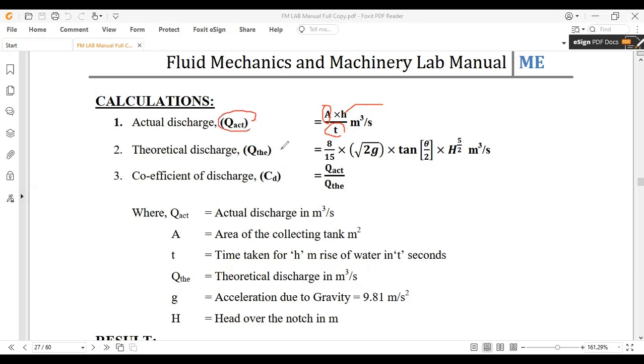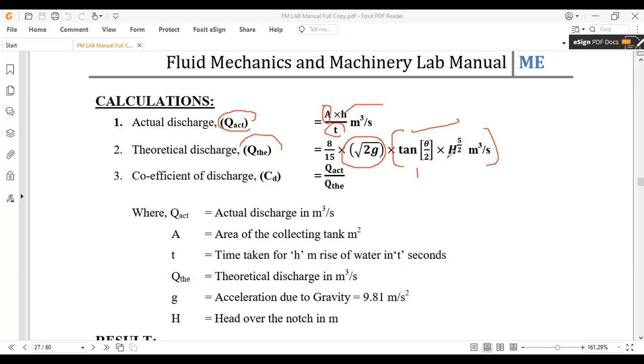Then Q theoretical: this is the equation 8/15 square root of 2g. The square root is only for this quantity, 2 into acceleration due to gravity, not for the next part. This is the next part: into tan theta by 2. Theta is the angle of the notch, here 90 degrees. So tan 90 by 2, 90 by 2 is 45, tan 45 is 1.